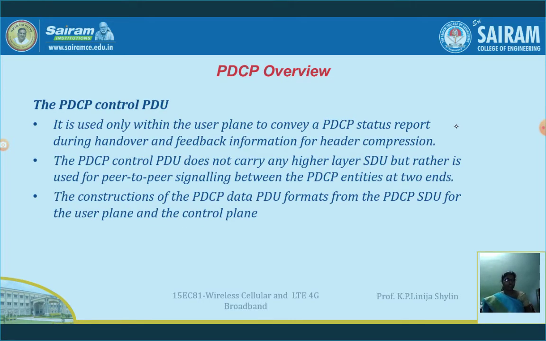Then we will see the PDCP control PDU. It is used only in the user plane. During handover, as well as for feedback information for header compression, a status report will be conveyed. That status report is conveyed by this PDCP control packet data unit.